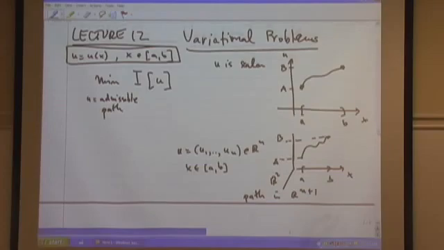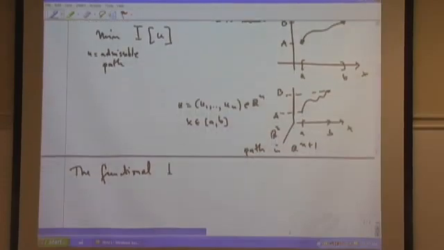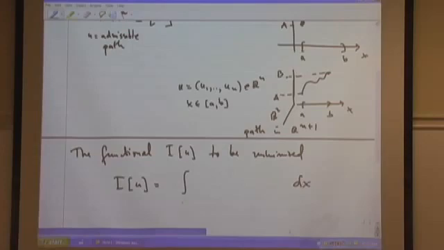And how does the functional look? The functional to be minimized looks like an integral with respect to x over this interval, and it has some integrand that may depend on x, may depend on u of x, may depend on u prime of x. Later on you can actually include the second derivative of u and so forth.